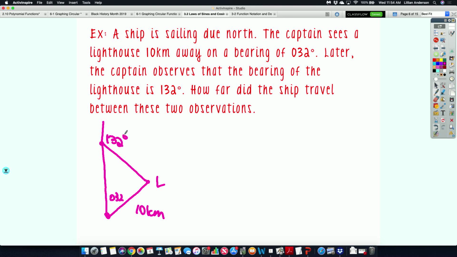I never left that north direction. And because north is an exact straight line, how many degrees are in a straight line? 180 degrees. So even though I have created my triangle here, this angle on the inside, even though it's not labeled, I can find it by doing 180 minus 132, which is what? 48. Question?